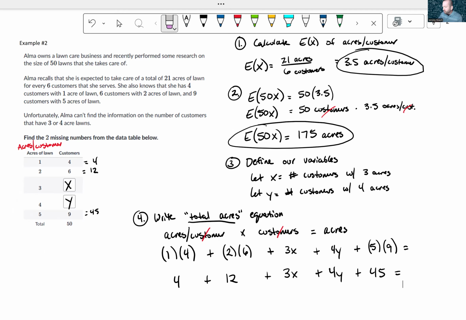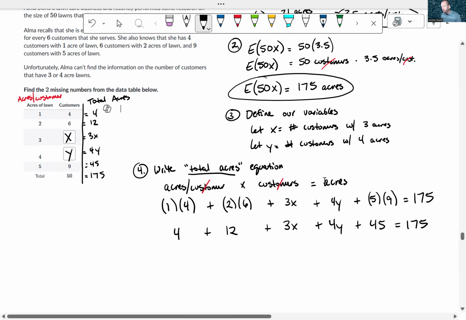I thought something was a little off there. Okay, so all of this should be 175. Let me finish writing this also. So we can write a new equation here, adding all those up, and that equals 175. This is total acres. If you wanted to write it in the table like that, you could, if that helps you visualize it a little bit better.